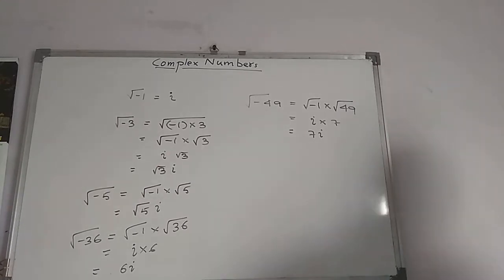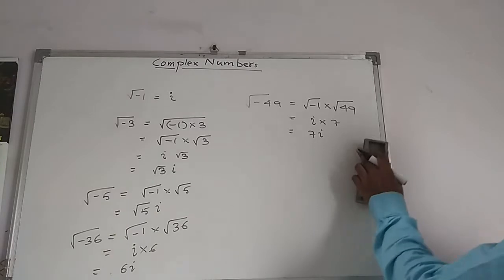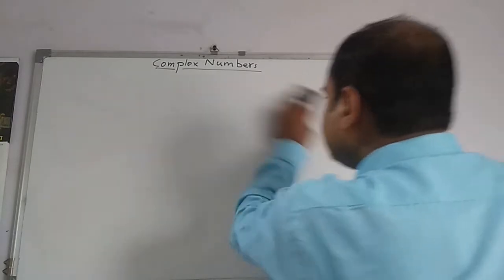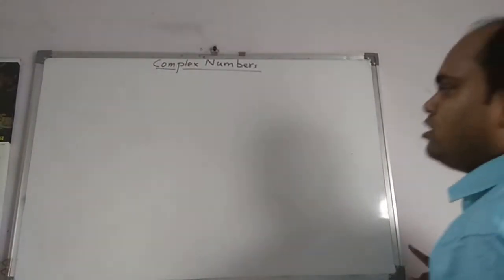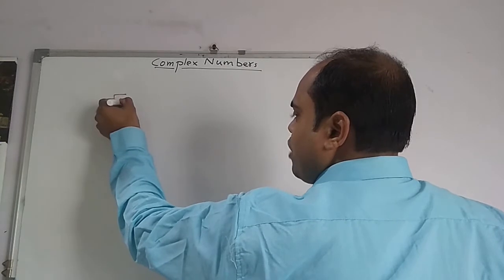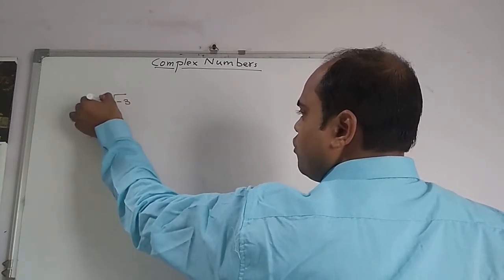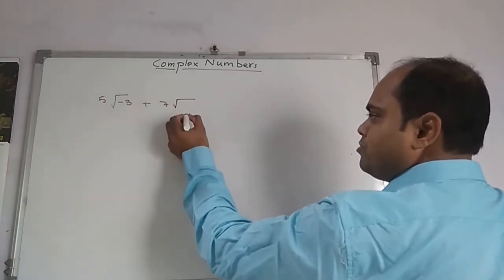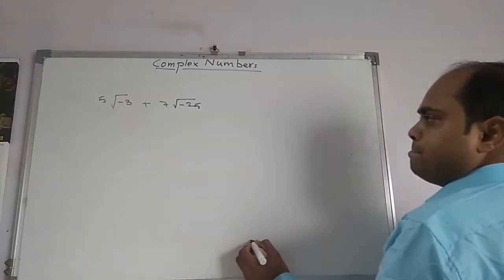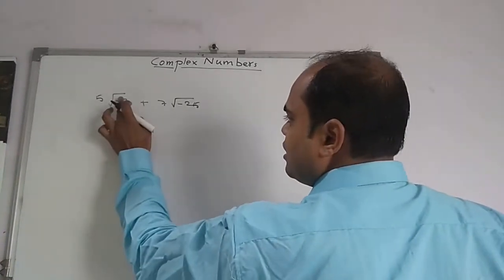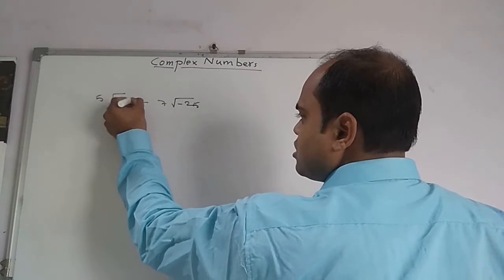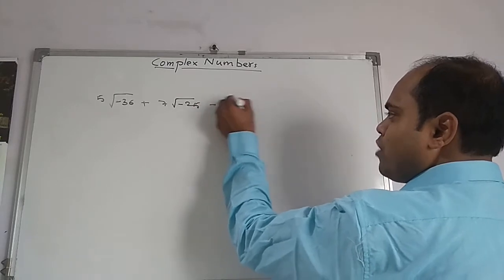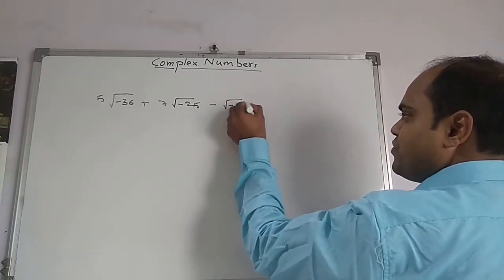Let's solve one equation. Suppose we have 5 square root of minus 36 plus 7 square root of minus 25 minus square root of minus 64.